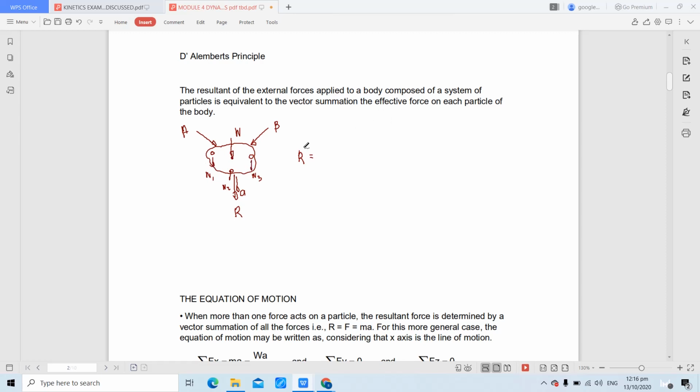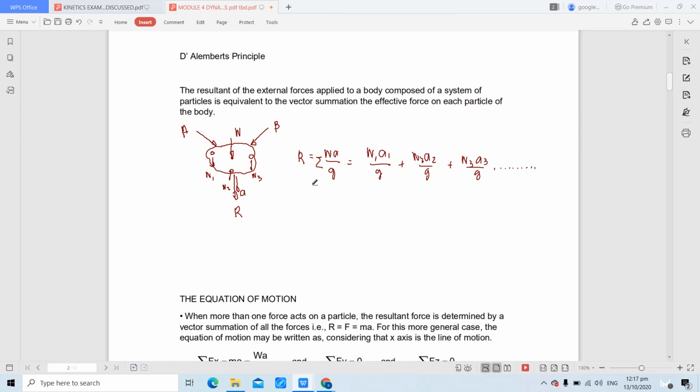Sana ba yung ating effective force about particle natin? That is W A over G. Summation for the particles. See sa figure natin meron tayong tatlo, therefore, that is W1 A1 over G plus W2 A2 over G plus W3 A3 over G. Kapag mas maraming particle pa yan, that is and so on.